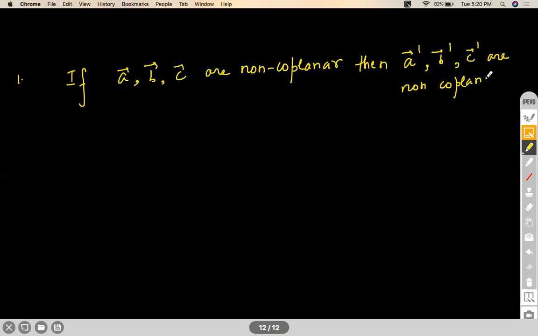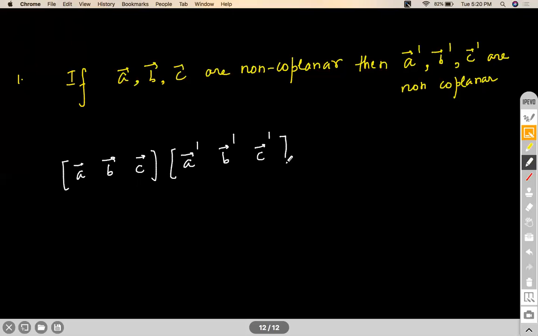But if you go to proving it mathematically, this result can be better seen by the fact that the box product of a system of vectors and its reciprocal will always be 1.